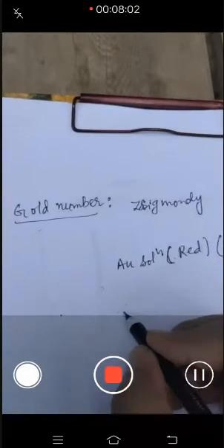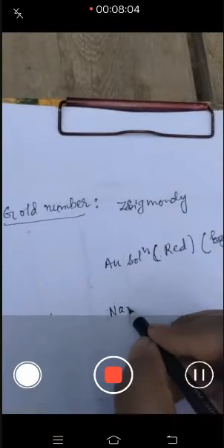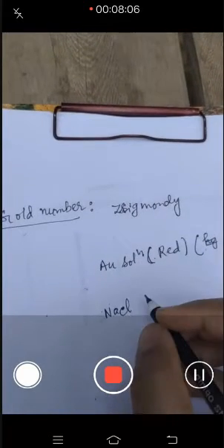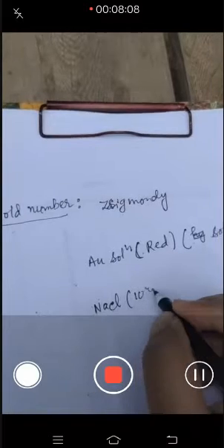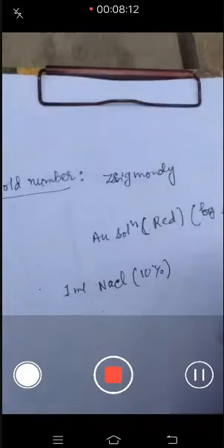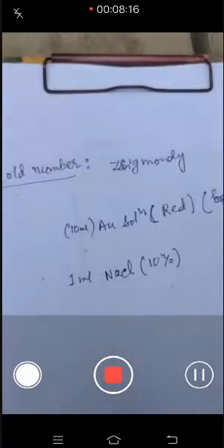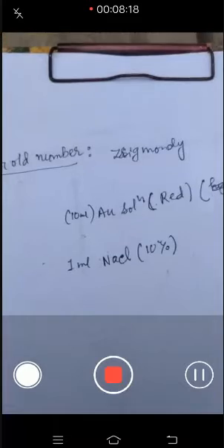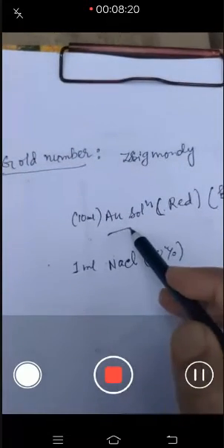Now I'm adding NaCl solution whose concentration is 10%. Take 1 ml of this NaCl, and this amount is 10 ml. Just understand the definition of gold number. This is your sol, and this is your electrolyte.